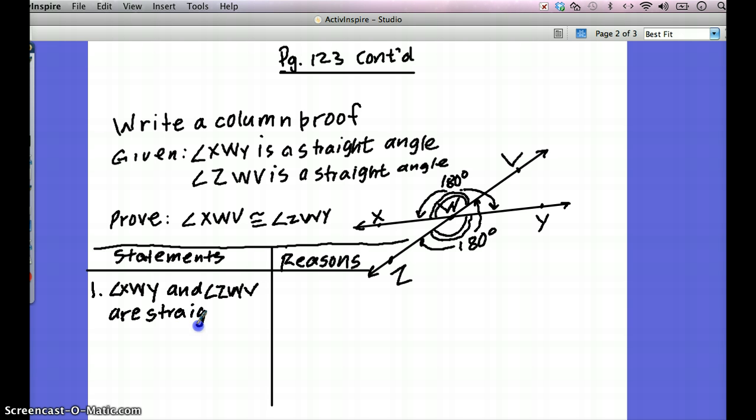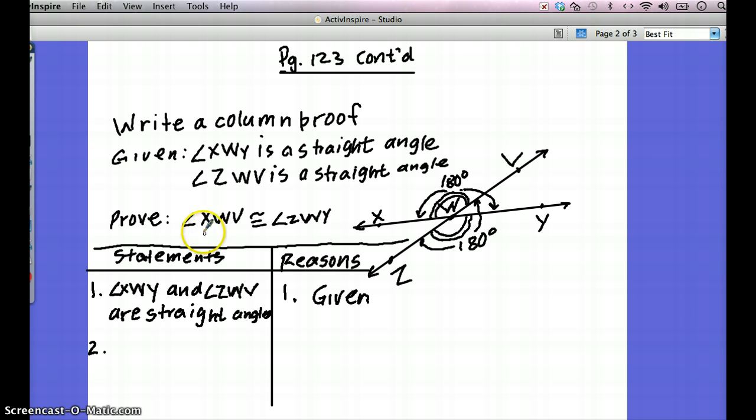Straight angles. And I'm sure you know the reason here would be given. All right? Statement number 2 will not be given.